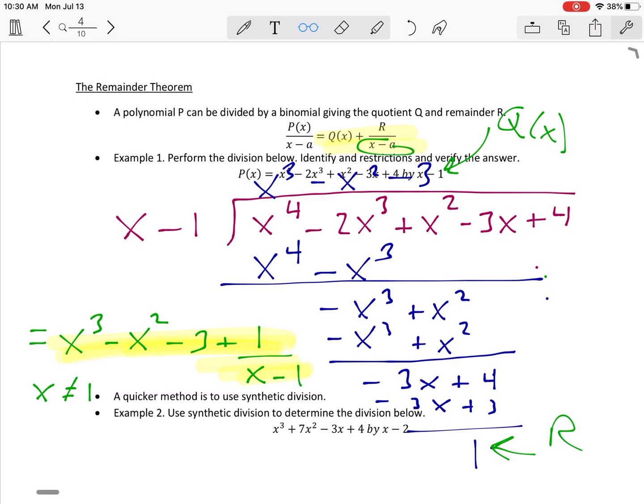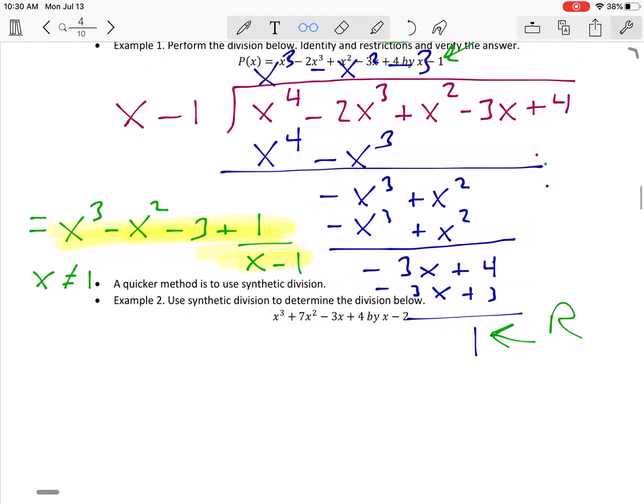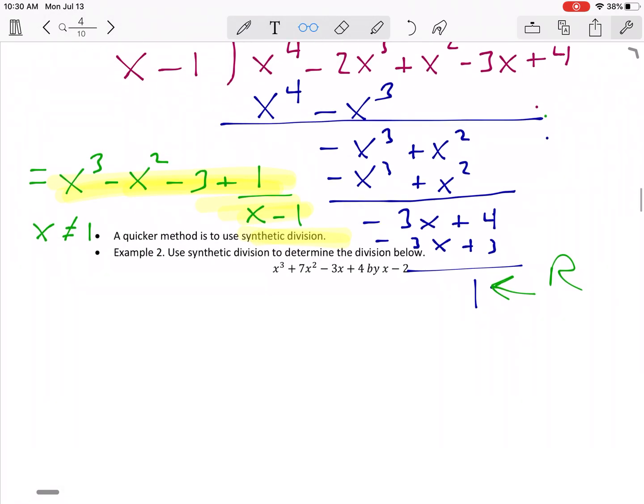So that's a fairly lengthy way to do it. But if you're comfortable with doing it that way, you can always do it that way. I'll show you another method, which is called synthetic division. Same idea: we want to divide and get an answer, but I'll set this up a little bit differently. Again, make sure you have this in descending order if it's not written that way in the question.